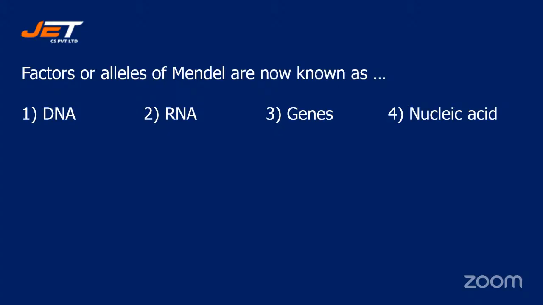This question is very easy, but it is a very important question. Many times this question has been asked in many exams, students. So make a note of this question. All right. Those who are saying genes, you all are correct, students. I won't be able to take the names, but maximum of you are saying genes.